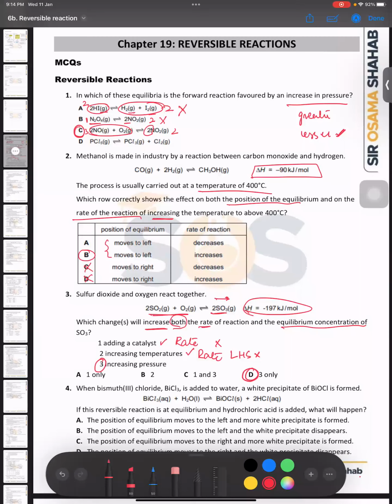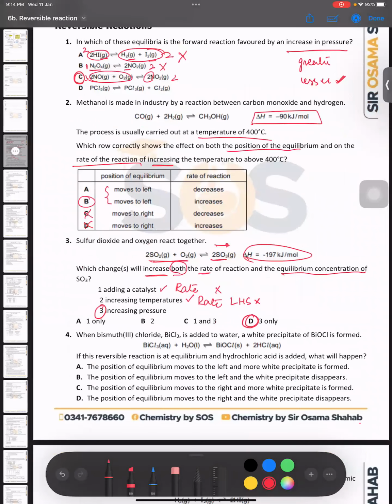Yes, sir. Then if you talk about the fourth one over here, it is saying that when bismuth trichloride is added to water, a white precipitate of BiOCl forms, right?